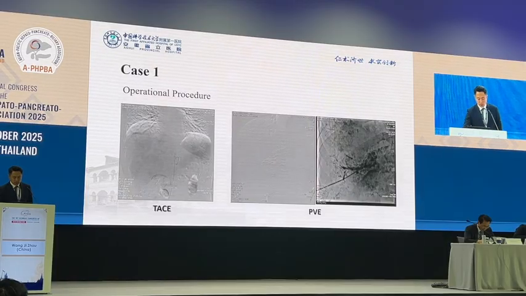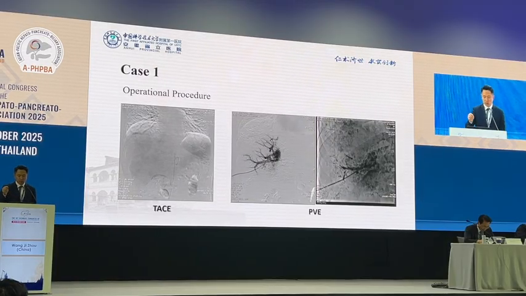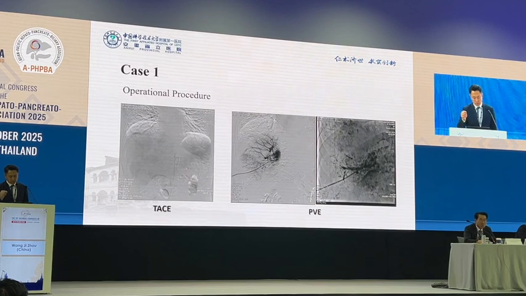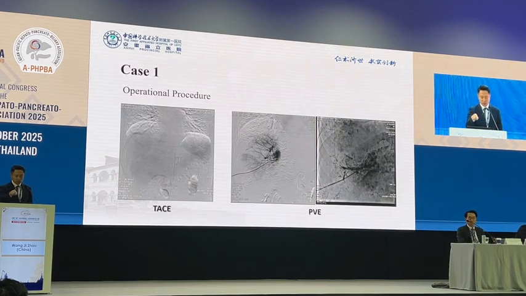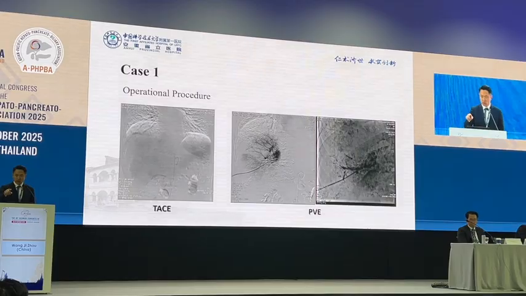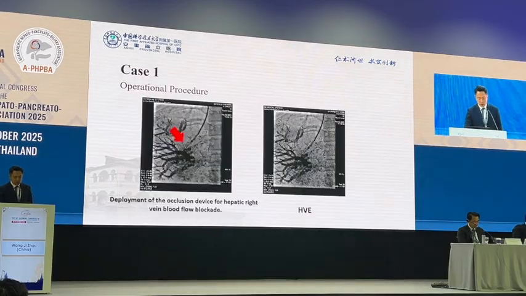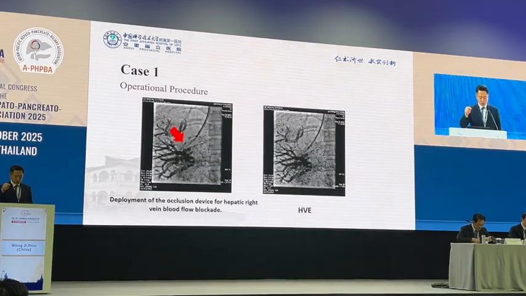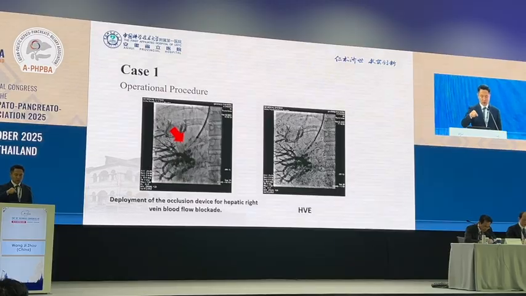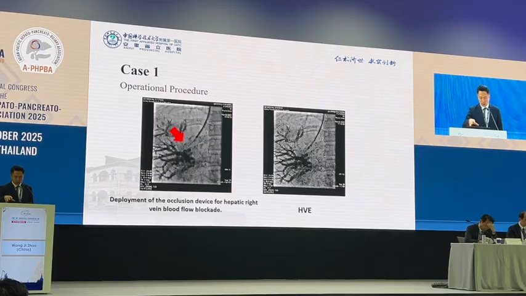Then we did the PVE, with percutaneous puncture. We find the portal vein system and the right portal vein position. Then we go through the transjugular vein, find the right hepatic vein, and do the embolization of the right hepatic vein.